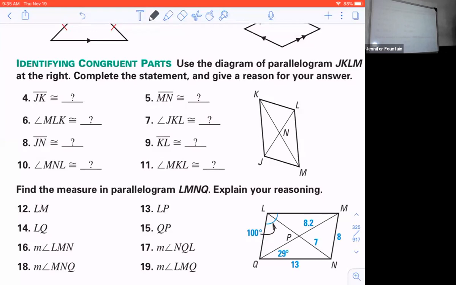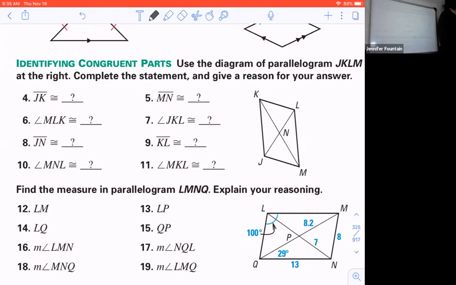What about side JN? JN is congruent to LN. KL is congruent to JM.